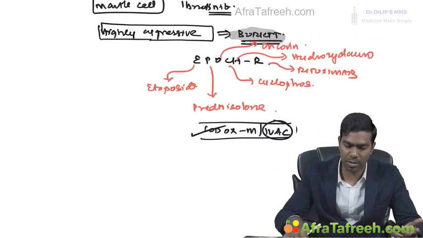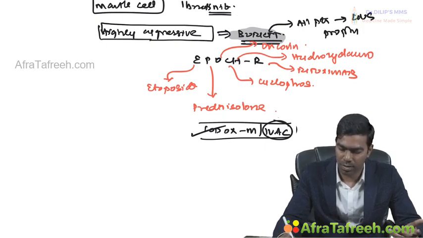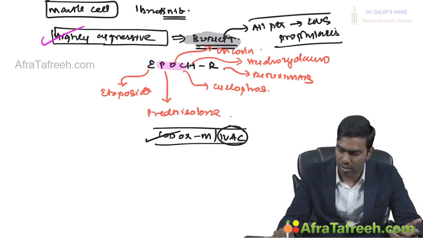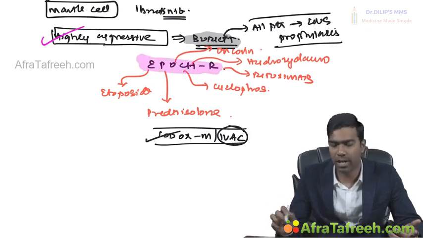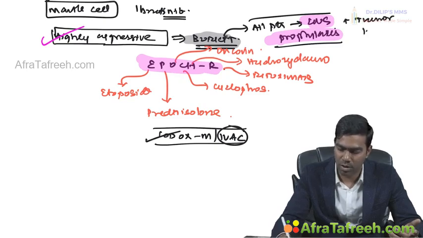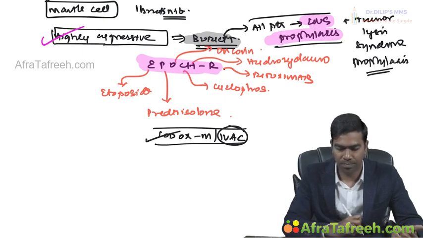All patients with Burkitt's lymphoma should receive CNS prophylaxis. Very, very important. Burkitt's is generally treated with an EPOCH-R regimen because it's a very highly aggressive neoplasm, and all patients should receive CNS prophylaxis, and also tumor lysis syndrome prophylaxis, because it is a very, very aggressive tumor. Clear?